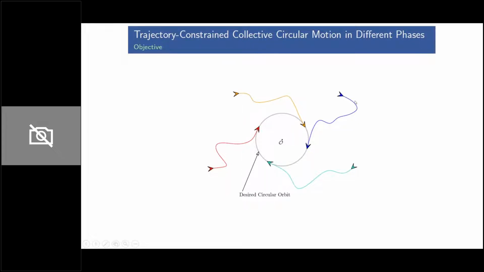And we have some unmanned aerial vehicles, and we want to send them to this circle in an automatic manner. So how can you design the control for each of the vehicles so that the controller will give the command and the vehicle will reach the desired circle?